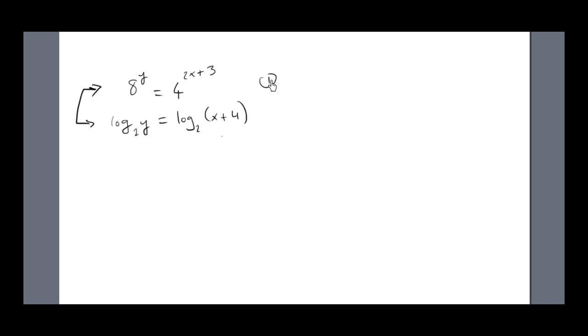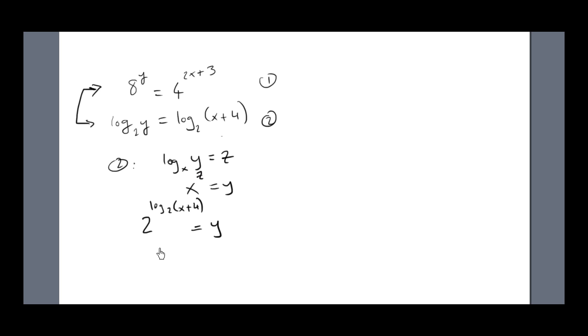We know that log to the base x of y equals z means the same thing as x to the power of z equals y. So 2 to the power of log to the base 2 of x plus 4 should be equal to y.